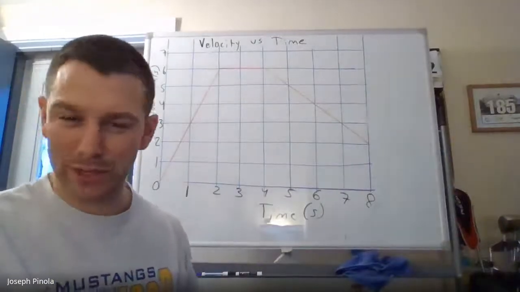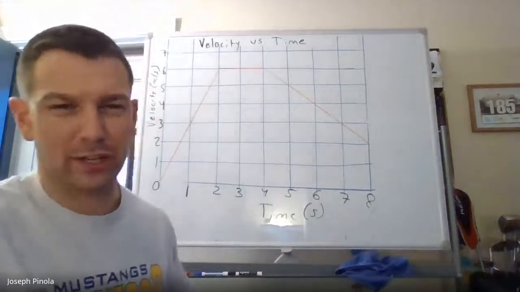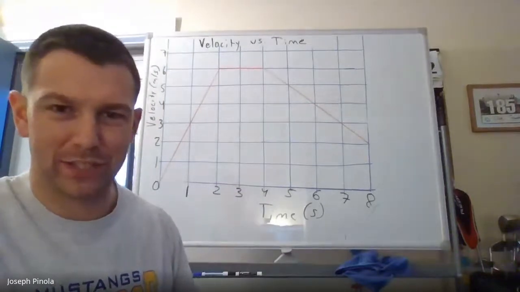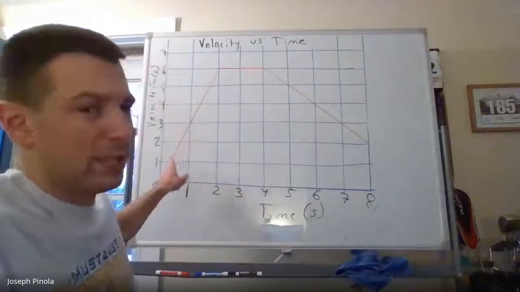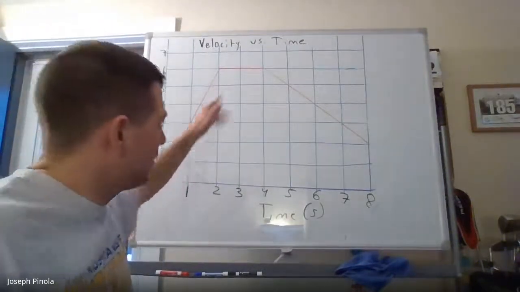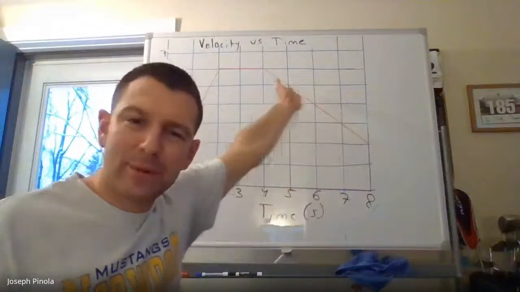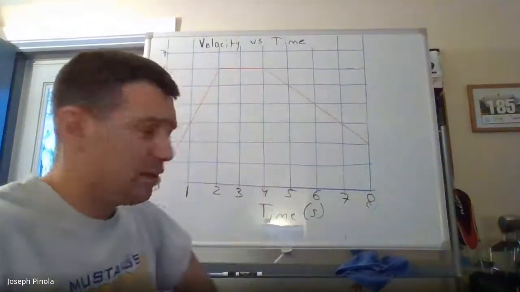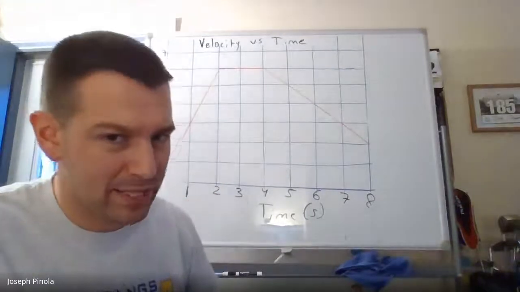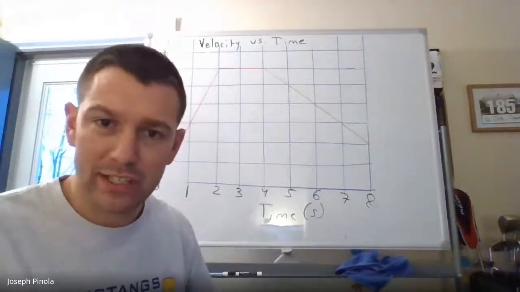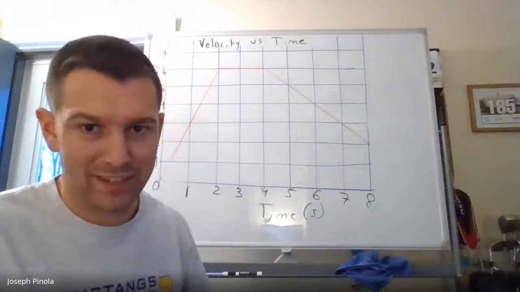Lastly, I want to point one thing out that we really didn't talk a lot about when doing our analysis of that velocity time graph. Do you notice how the line at the beginning is really steep and the line at the end is not as steep? Now, in a distance versus time graph, a steep line meant a fast speed. But in this case, a steep line does not mean a fast speed.